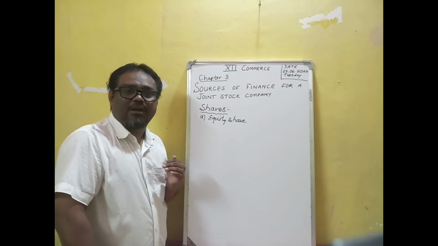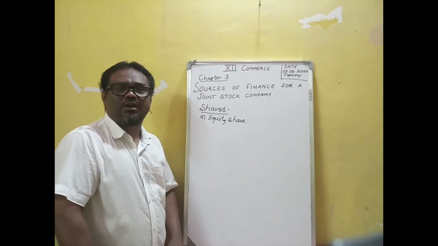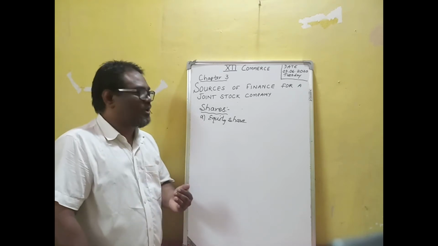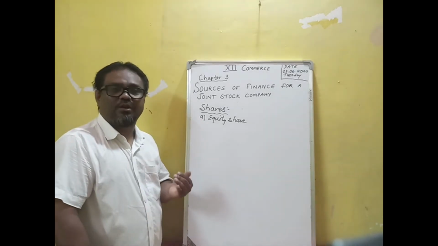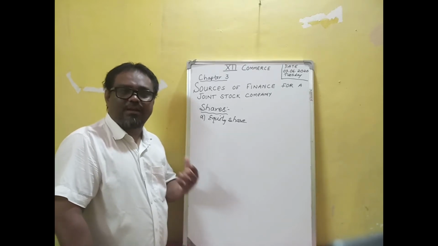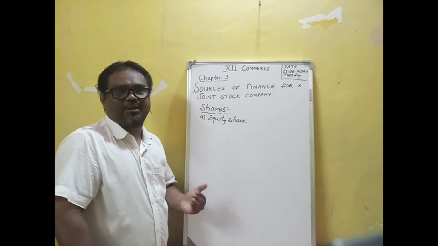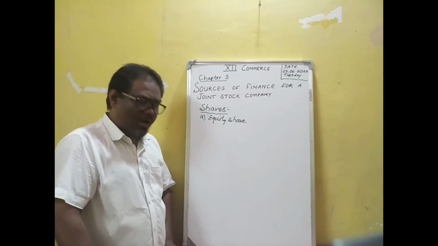So a company issues equity shares in the market before the preference shares are issued. This is the first feature of equity shares.